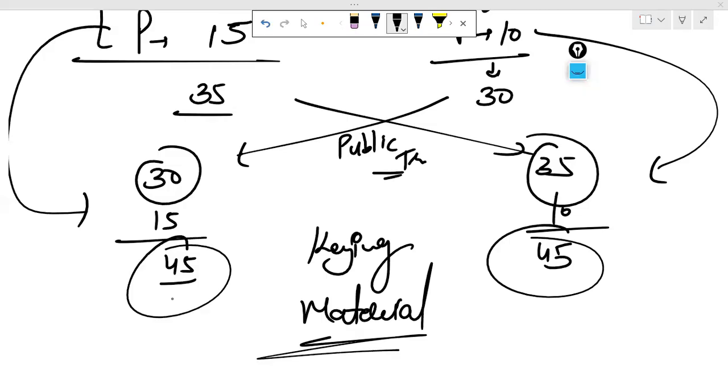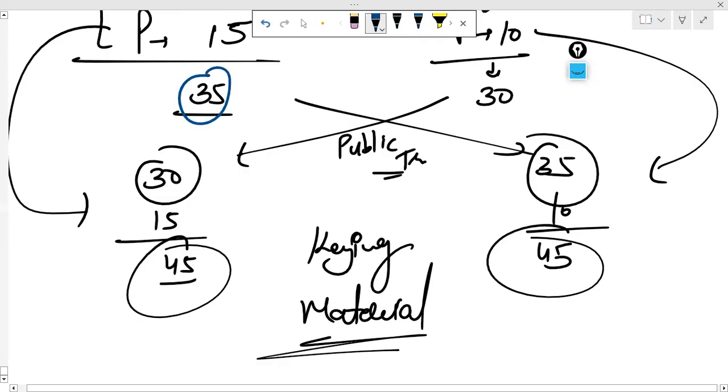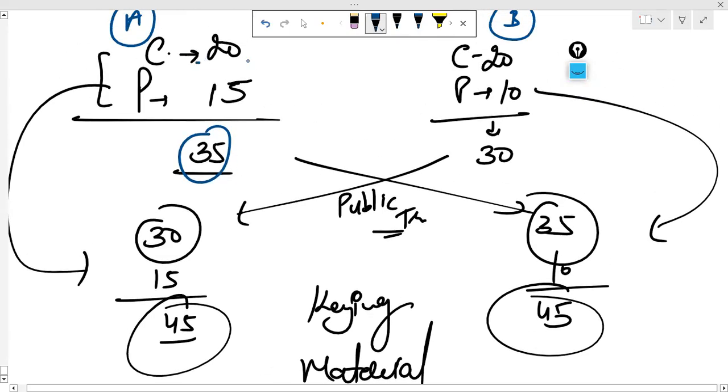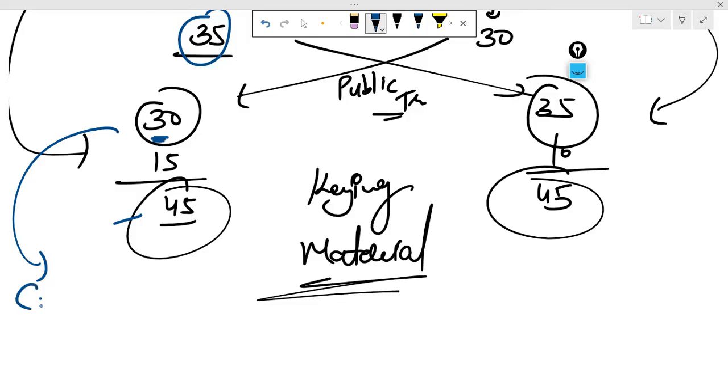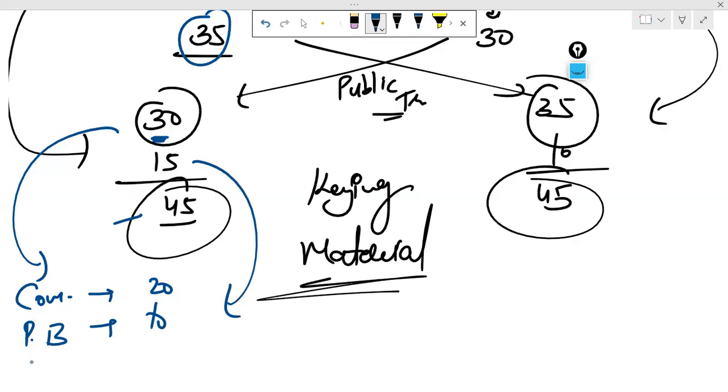Overall, if you see here, this 35 is what? The common key and the private key of A. Sorry, this 30 is the final 30. If I talk about the common key 20 and the private key of site B, which is 10, and after that I have added my private key, this is the private key of site A, which is 50.